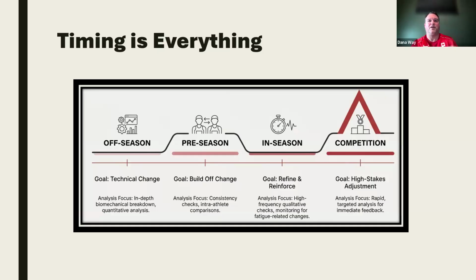You've got that information, you've built that out. You have data that you've tracked, and now the qualitative portion becomes cues and becomes monitoring throughout this. And then in the competition phase, I have what's called the high stakes adjustment. Really, that comes down to, are you making a change or not, right? You have to be confident that that change is validated by all the things that you've done. Okay.